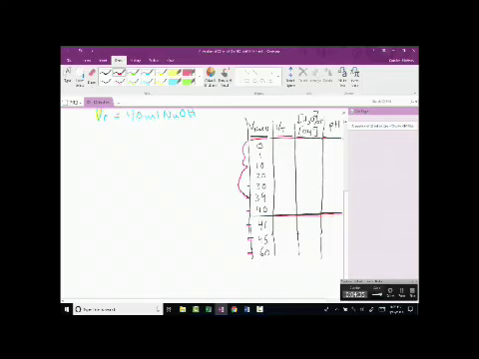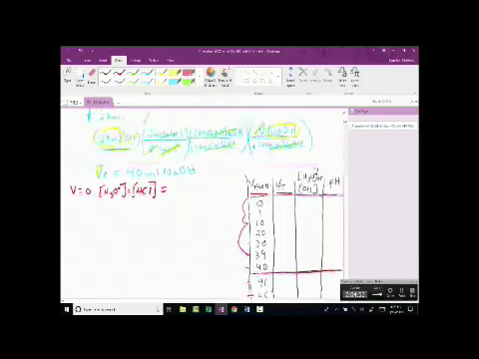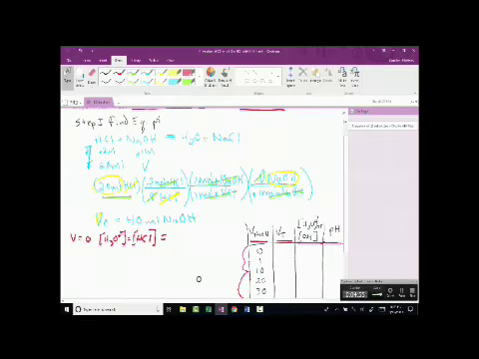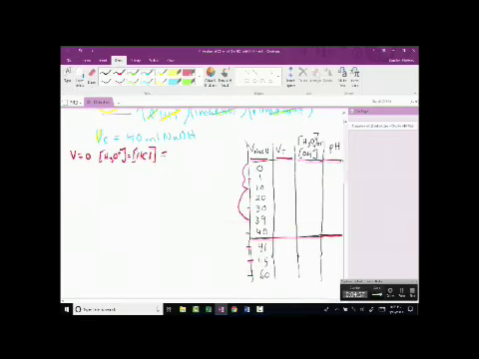So the very first point, volume equals 0, is really easy. The concentration of H3O plus is equal to the concentration of HCl, and I forgot what we chose, 0.2 molar. So it's 0.2 molar.